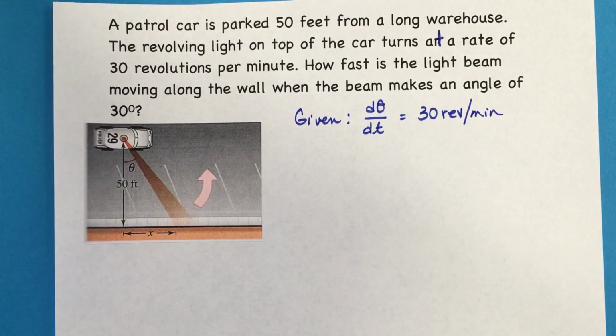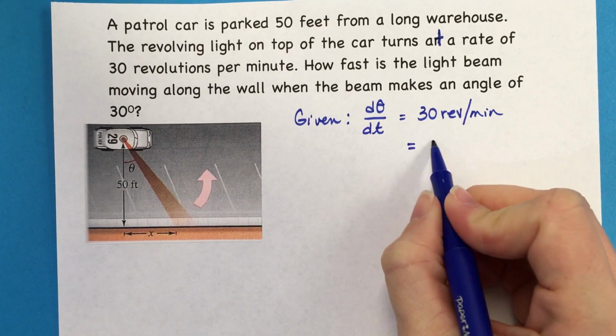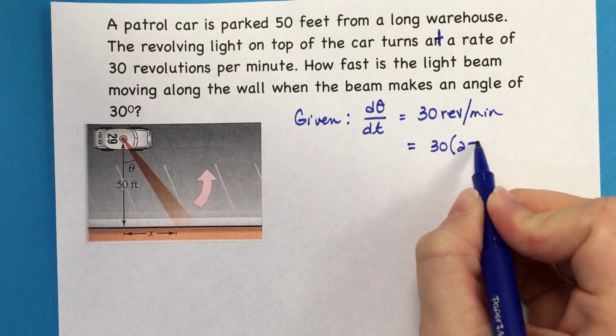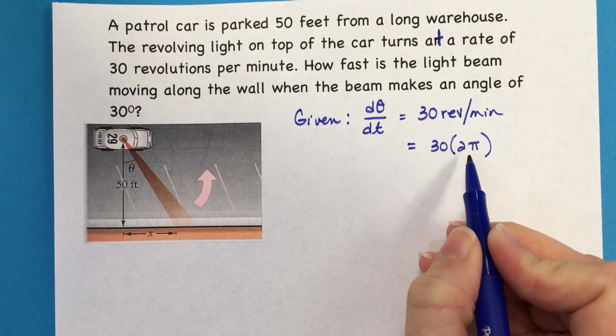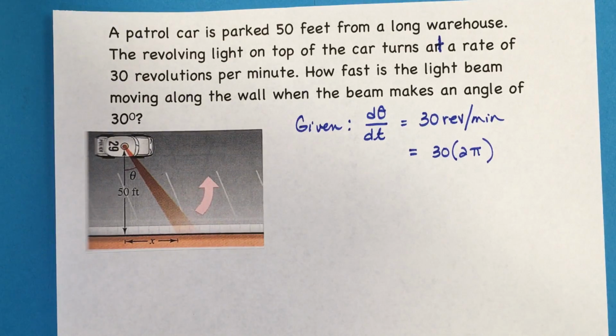What you're going to need to do here is change this over to radians per minute instead of revolutions per minute. All you have to do to change that is multiply the 30 times 2 pi, because if you remember, there's 2 pi radians in one rotation.